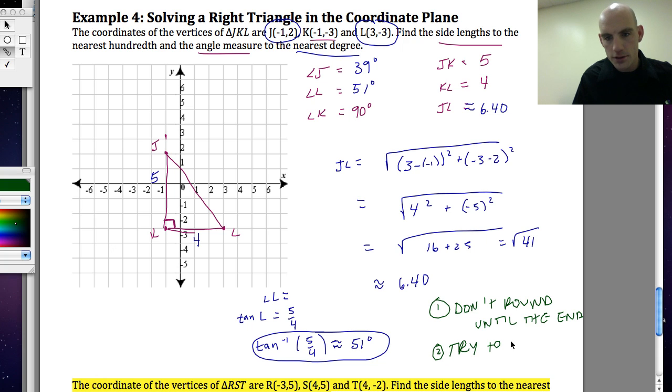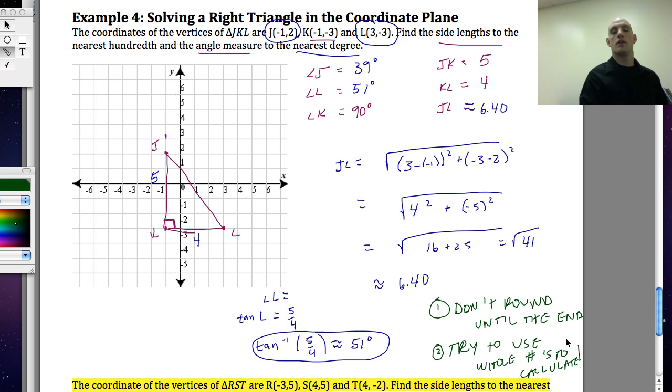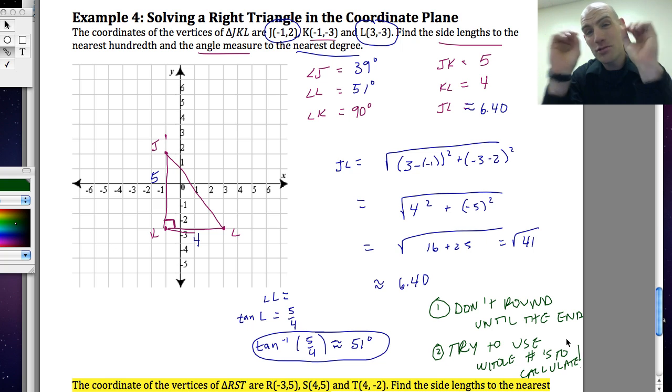Try to use whole numbers to calculate, ones that have not been rounded.